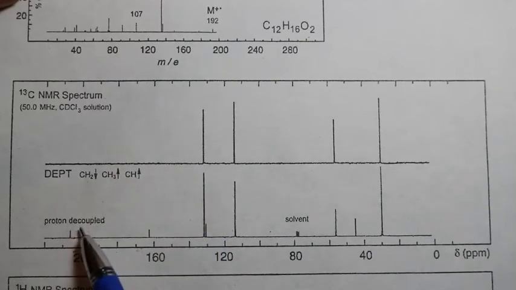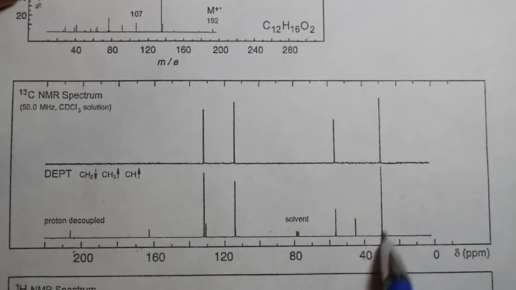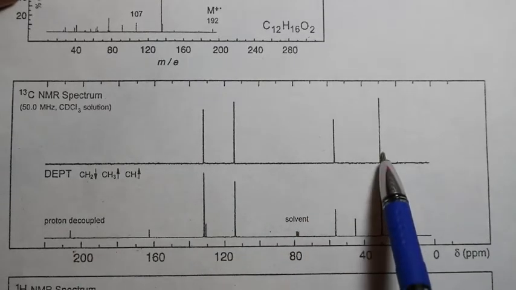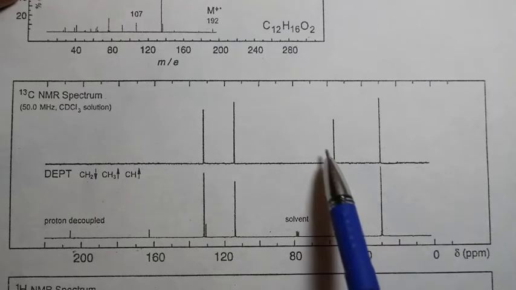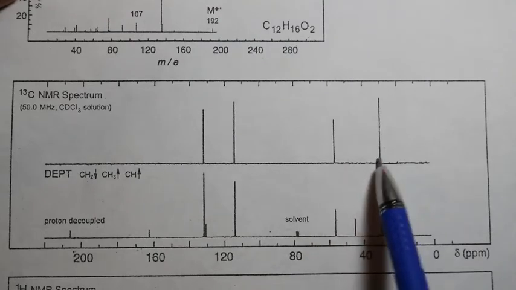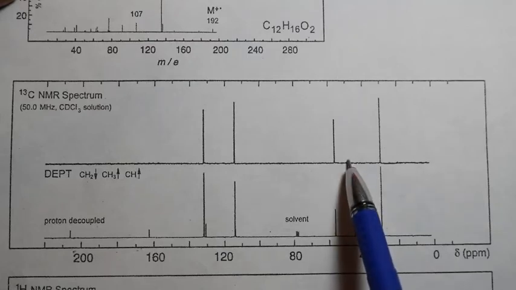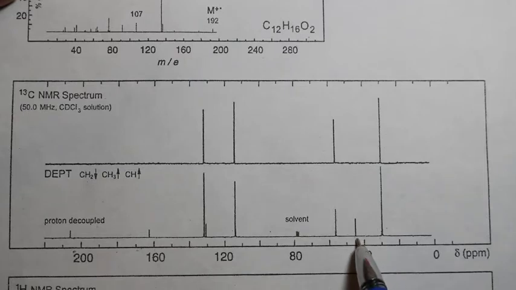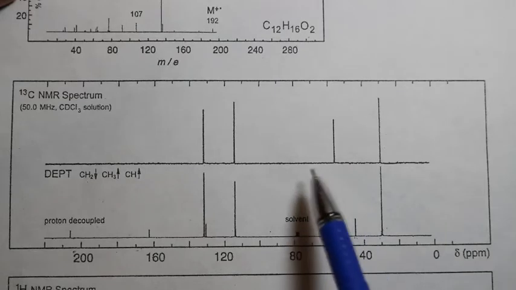Now if we compare proton decoupled and DEPT, the first peak is staying the same between DEPT and proton decoupled, so it's not flipping upside down or missing, so either primary or tertiary. Now the second peak, we do not see that peak in the DEPT, which means this belongs to a quaternary carbon. Now the third peak is staying the same, so this could be primary or tertiary.